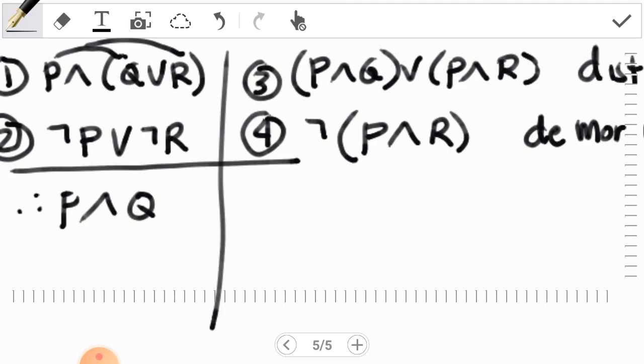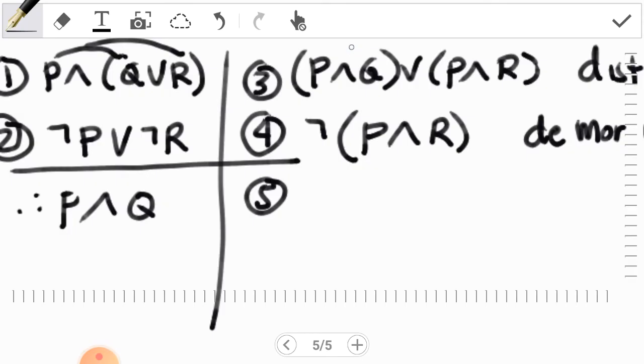The disjunctive syllogism states that P or Q, not P, therefore Q. So we can actually interchange this, it's commutative because we are using the connective or. Anyway, we may skip that part, and instead we can proceed to using the disjunctive syllogism again.